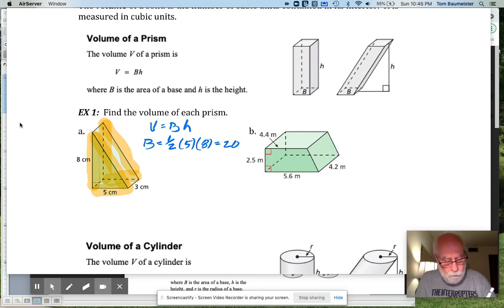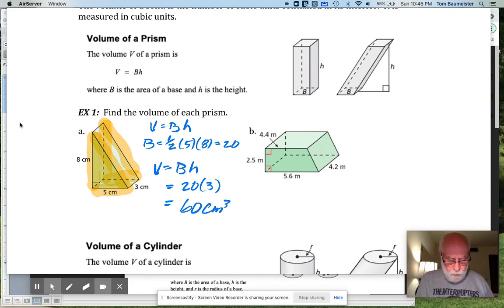Then V is capital B times H, which is 20 times 3. And remember, volume is always in cubic units. So that would be 60 centimeters cubed.